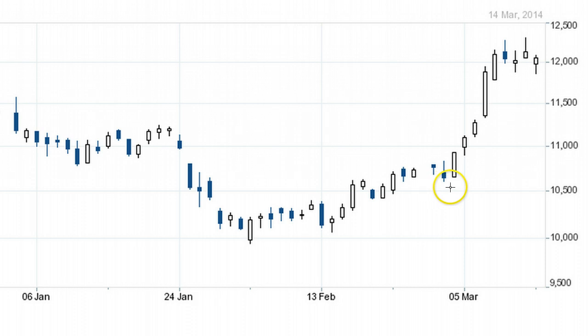So at the start of the month, what I'll do is I'll enter into, let's say here, markets are around 10,600 or 10,700. So at the start of the month, I'll buy a 10,500 put option, somewhere here. This is 5th March here. Let me mark that in black.